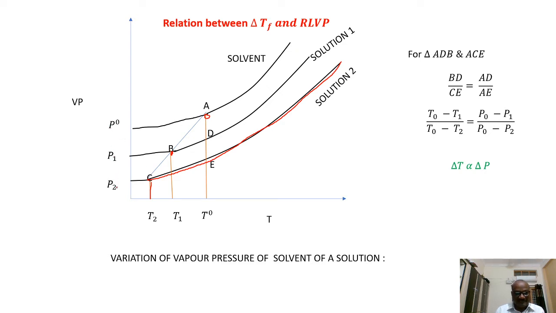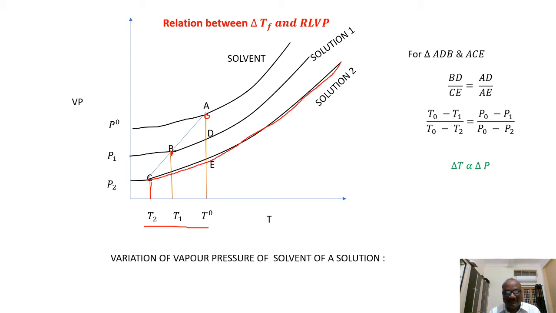We can see that when a non-volatile solute is dissolved in the solvent, the vapor pressure gradually decreases. You see, P0 to P1 it is decreasing. When some more non-volatile solute is dissolved in the solvent to form a more concentrated solution, we can see the difference between P0 and P2 is very large compared to P0 and P1. And you can also see the relation between the freezing points: T0 is greater than T1, which is greater than T2.